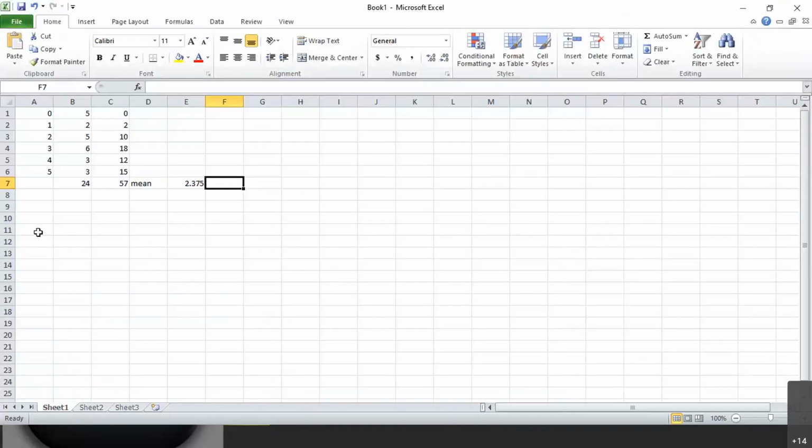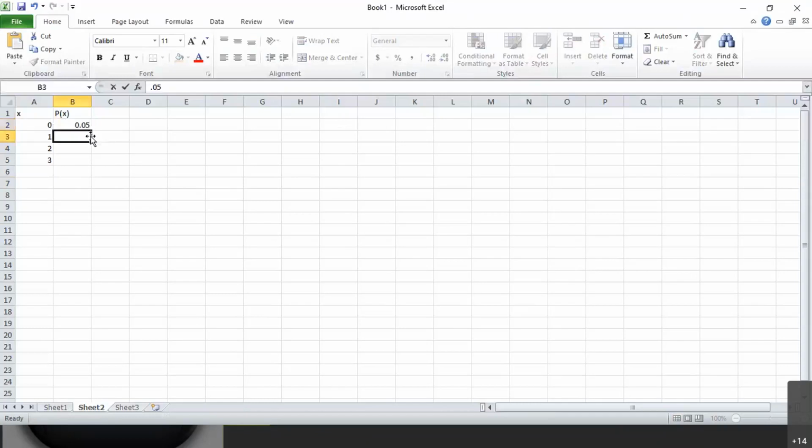I'm going to put the table over here. My values for X are 0, 0, 1, 2, and 3, and the probabilities are 0.05, 0.3, 0.05, and 0.6.